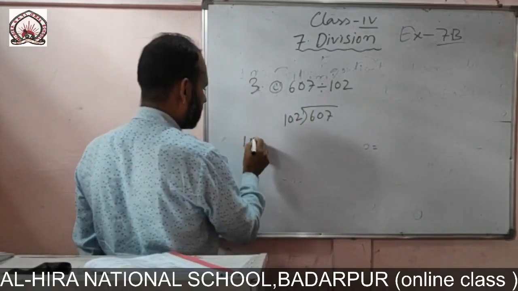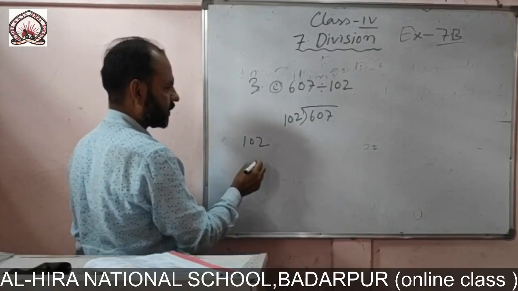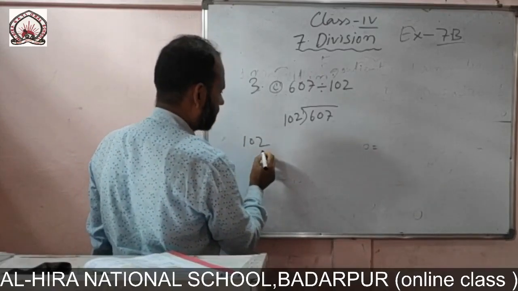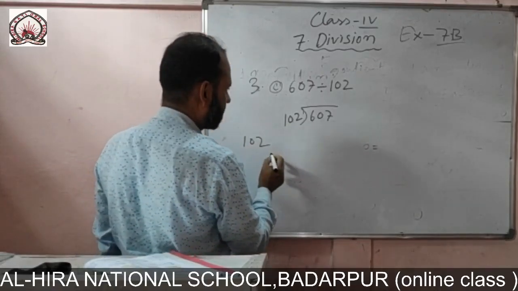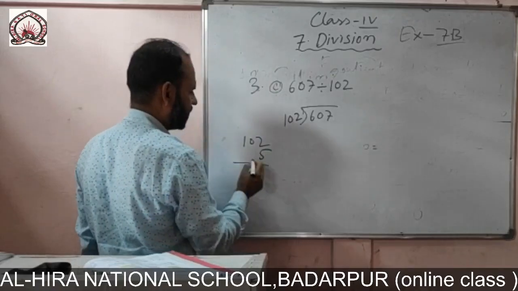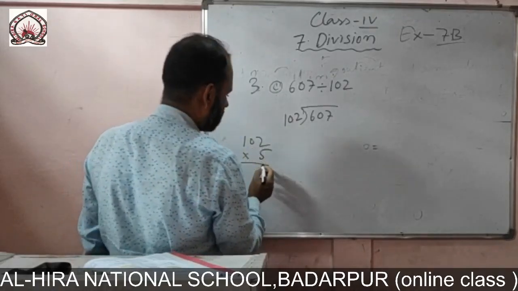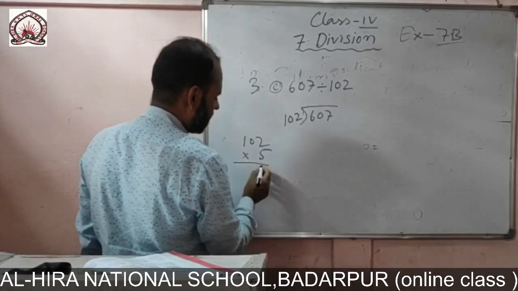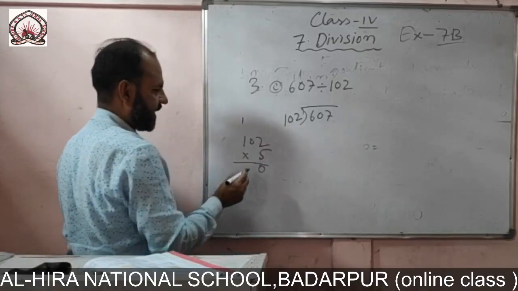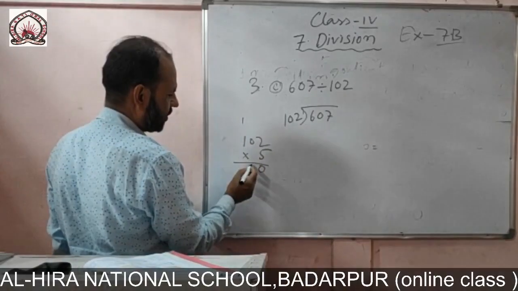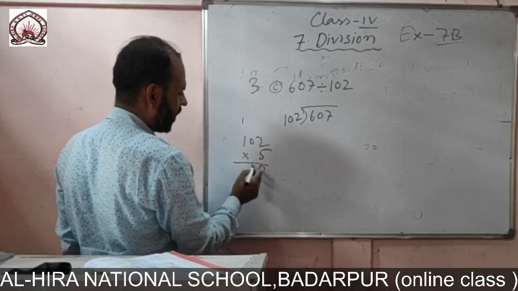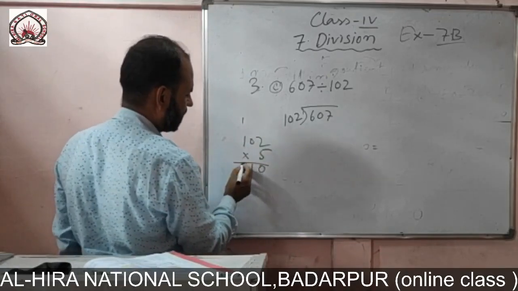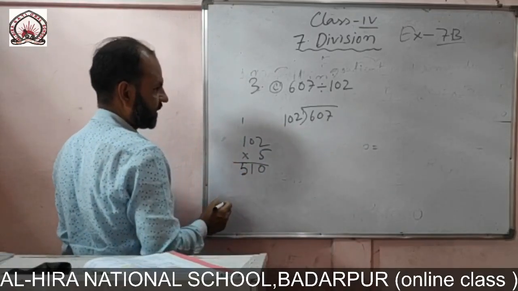102, we try here. If it is 6 times, then it is more, so 5 times. If 5 times, then 2 fives are 10, 0 tens, 1 in my hand, 5 zeros 0, 1 in my hand, 1, and 5 ones are 5, 510.